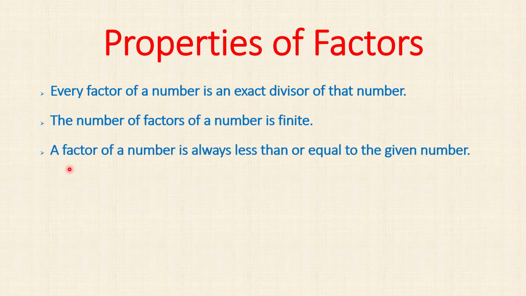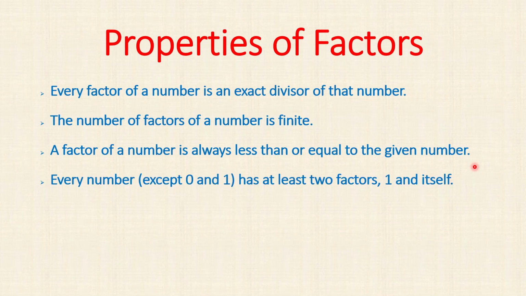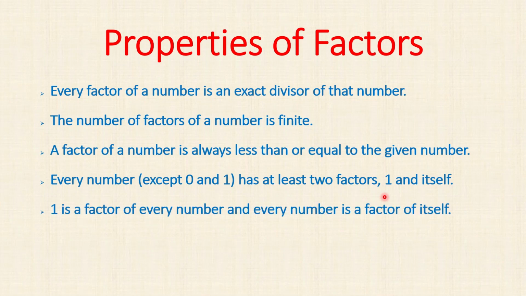A factor of a number is always less than or equal to the given number. Every number except 0 and 1 has at least 2 factors, 1 and itself. And 1 is a factor of every number and every number is a factor of itself. Now we have learnt about factors of a number.